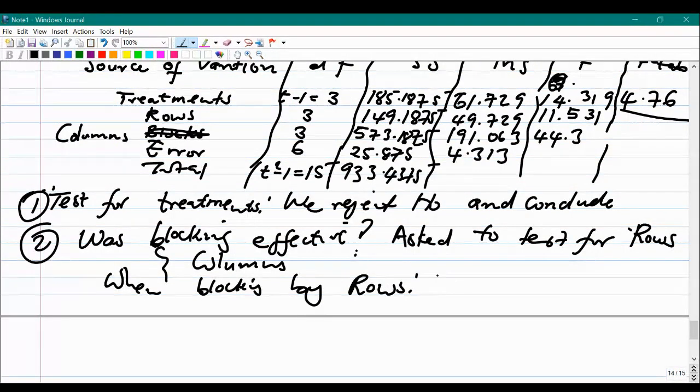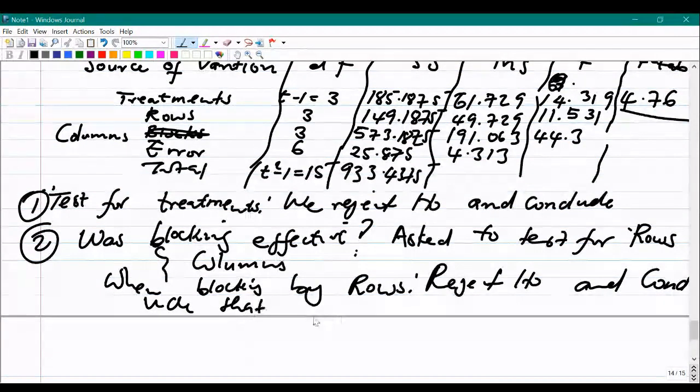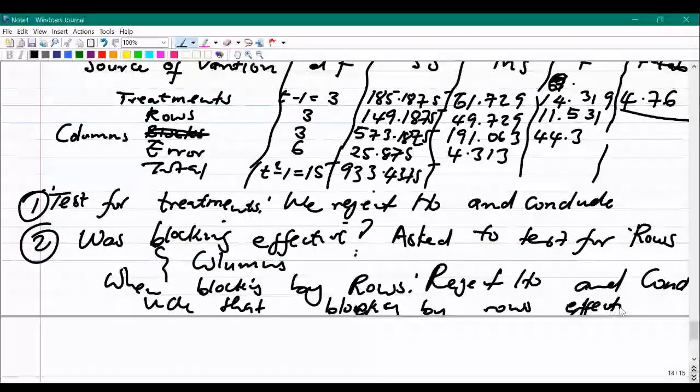What do you do? You reject A0 and conclude that blocking by rows was effective.